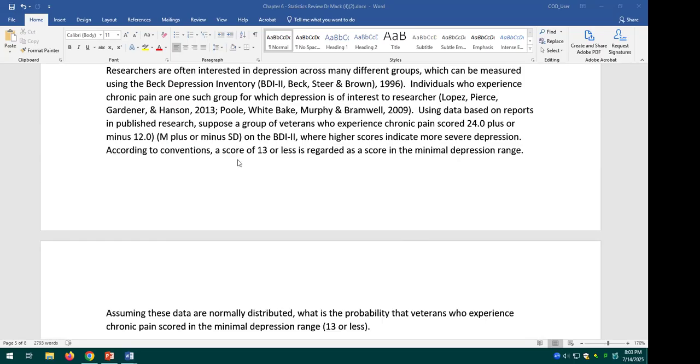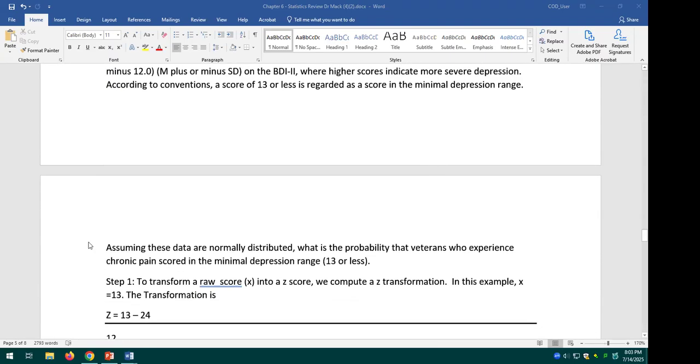According to conventions, a score of 13 or less is regarded as the minimal depression range. Assuming these data are normally distributed, what is the probability of veterans who experience chronic pain scoring in the minimal depression range, 13 or less?